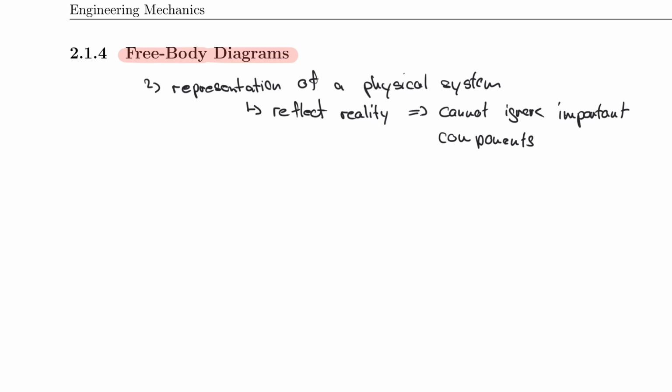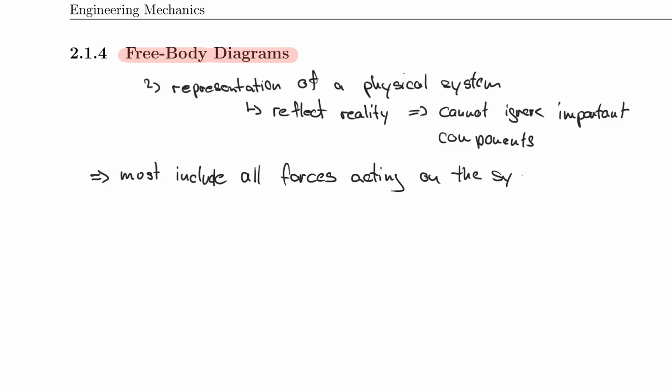And what that really means for us in the class is that we have to include all forces acting on the system. So must include all forces acting on the system. And all is a very important term here.